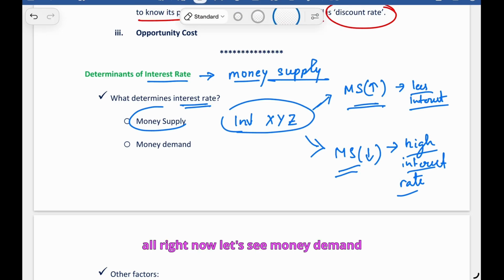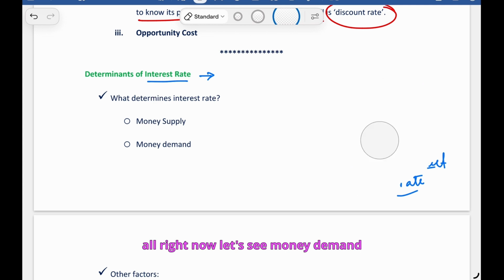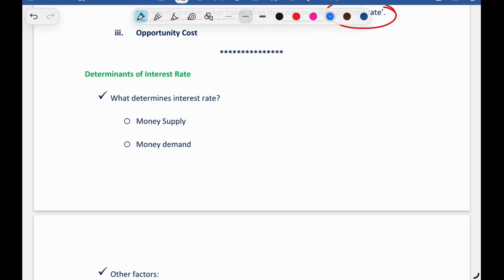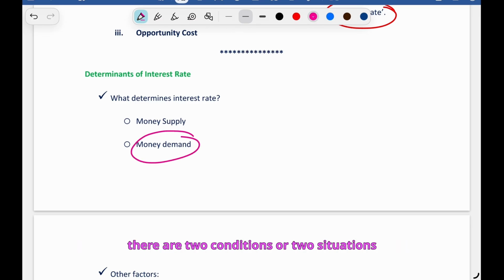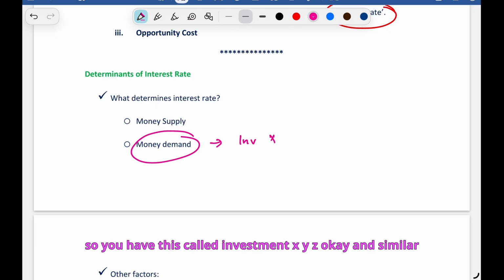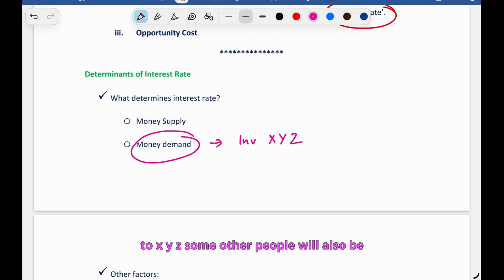Now, let's see money demand. Let's talk about this one now. So in here also, there are two conditions or two situations. So you had this called investment XYZ. Okay. And similar to XYZ, some other people will also be having their own M, N, P, Q, R. So these are different kinds of investment products.